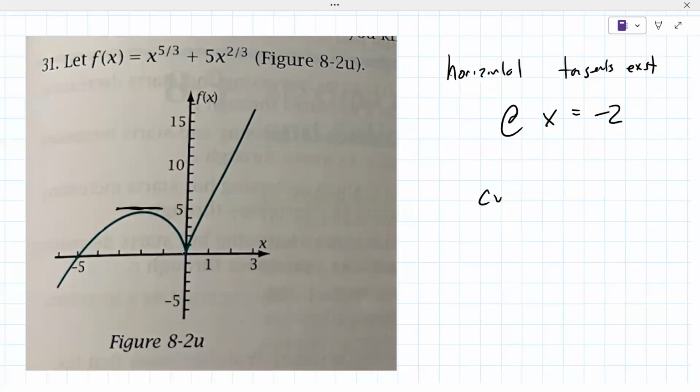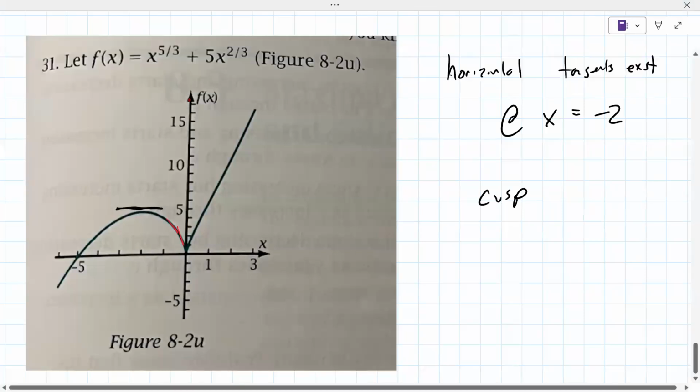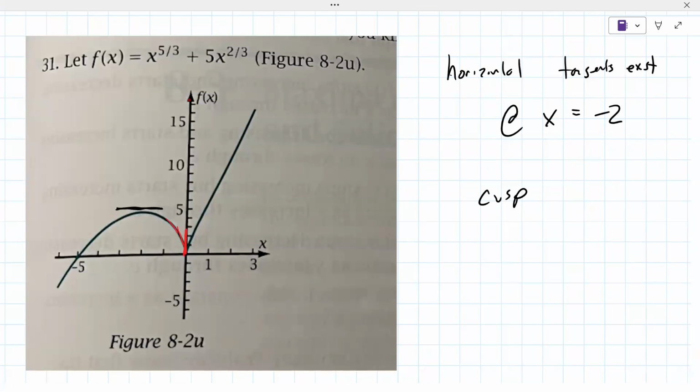Well, you did well. It is a cusp. What does the derivative, the tangent line, start looking like there? A horizontal? Oh, no. What's the opposite of horizontal? Vertical. Yeah. Now, the other thing is, are the slopes from the left the same as the right?